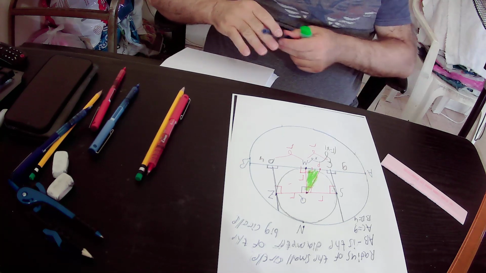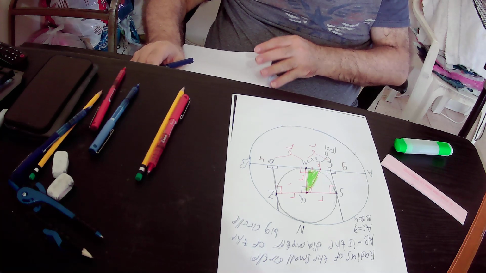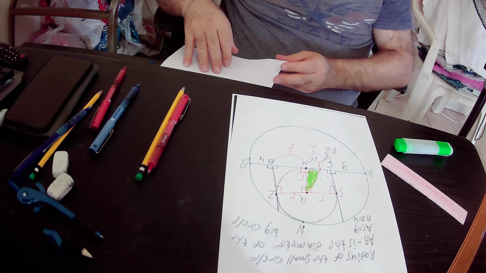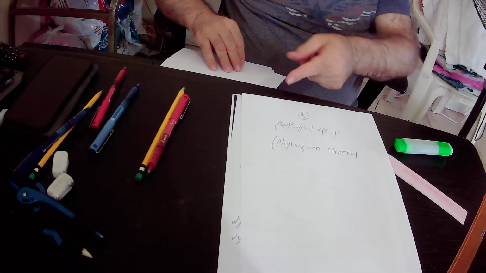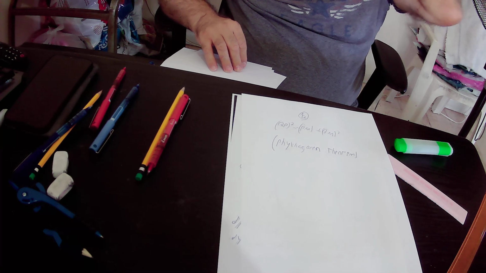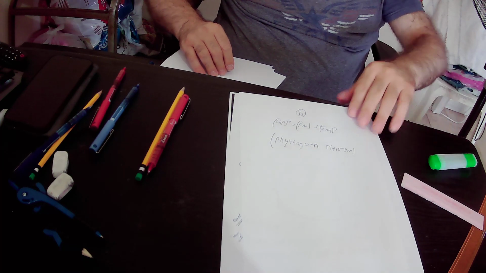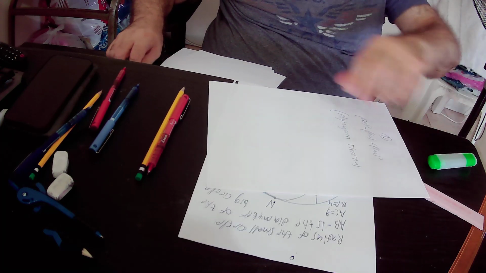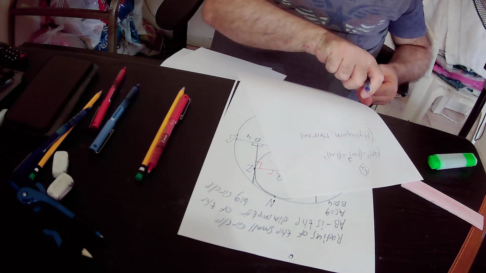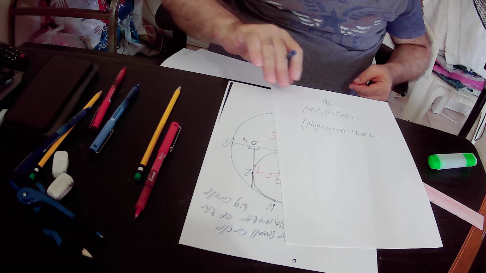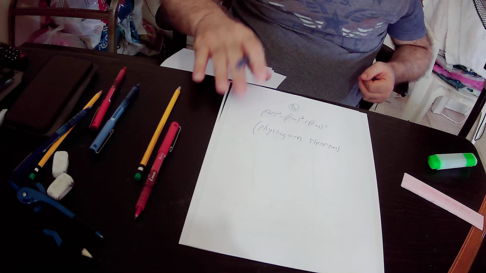So, according to the Pythagorean theorem, QP squared, that is the square of the hypotenuse, equals the sum of the squares of the perpendiculars, PM square plus QM square. Again, QP square equals PM square plus QM square.